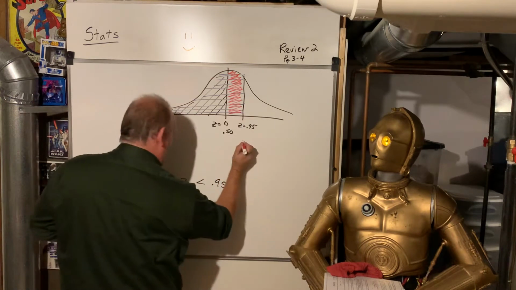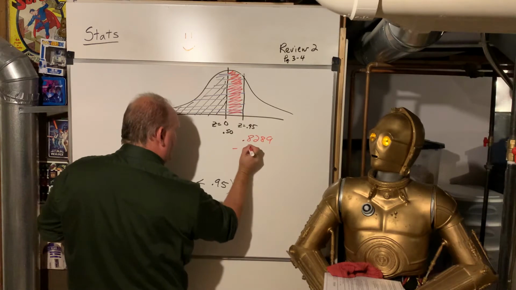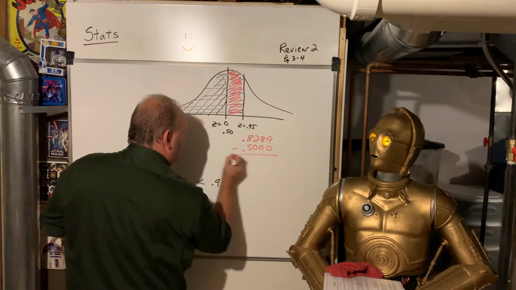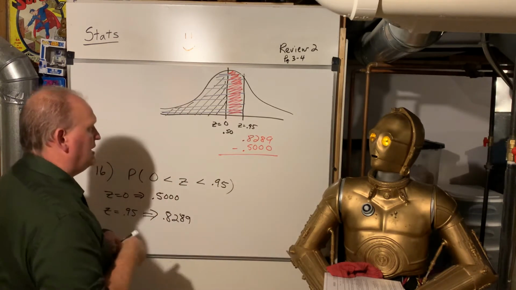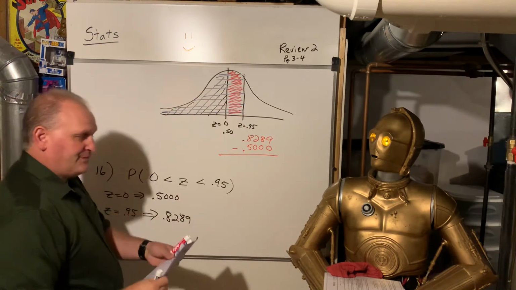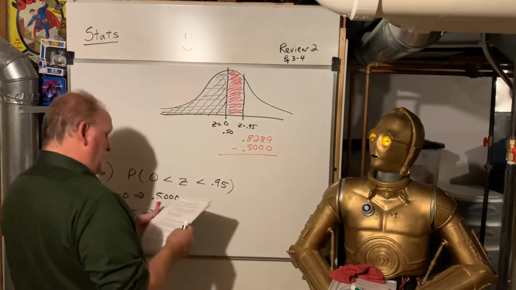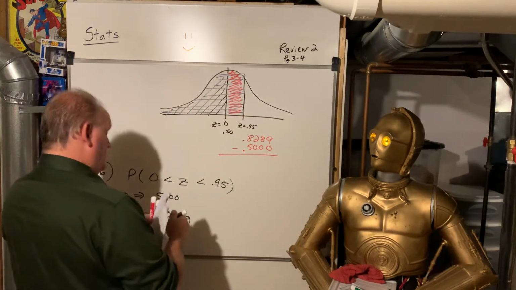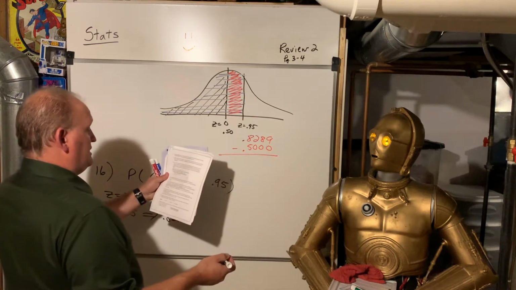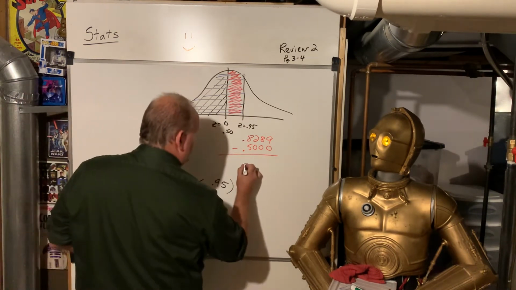And so 0.8289 minus 0.5000, that gets us our correct answer. When you actually subtract those on number 16, what do I end up with then? 0.3289.